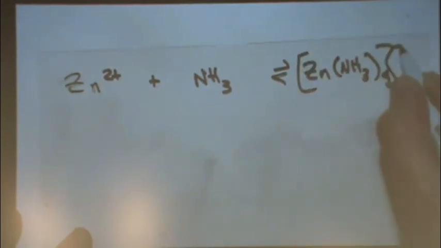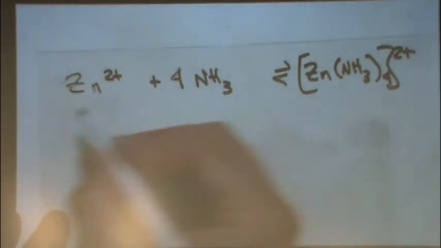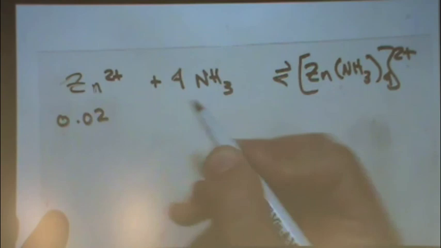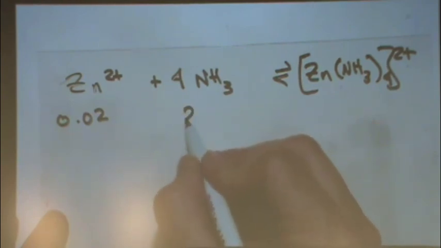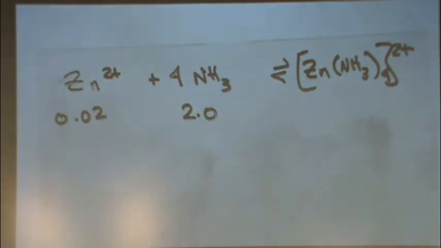And in reality, I forgot if I just said this, but this is not an unusual problem. So there's the reaction. I need to balance it. And then I have 0.02 of this and 2 of this. I'm not given the volume, so these could be moles, or if the volume is 1 liter, then this could be moles or molarity.